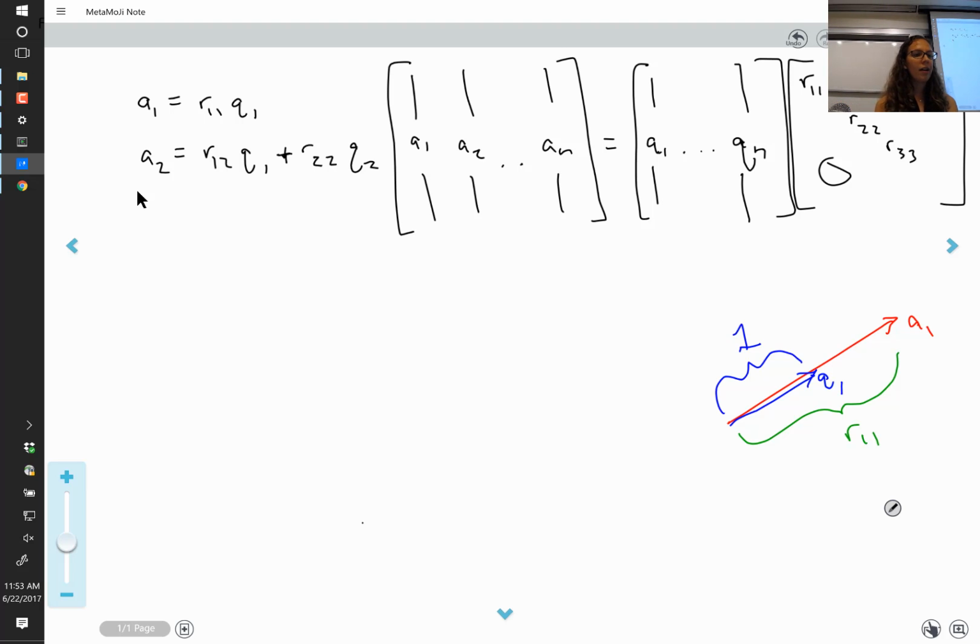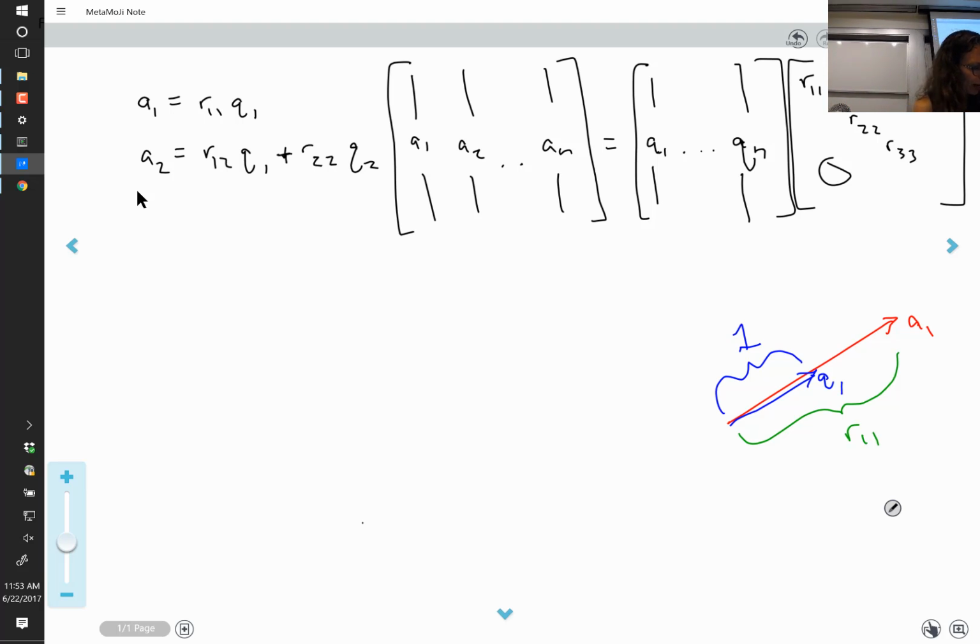At this point, we know what A2 is, because that's our original matrix A. We know what Q1 is because we just solved for that in the previous step, and so now we're trying to find Q2, R22, and R12. We have this constraint that we want Q1 and Q2 to be orthogonal to each other, and Q2 is going to have norm 1.